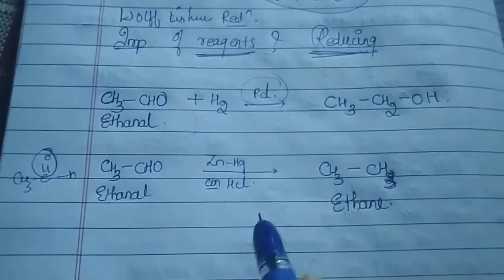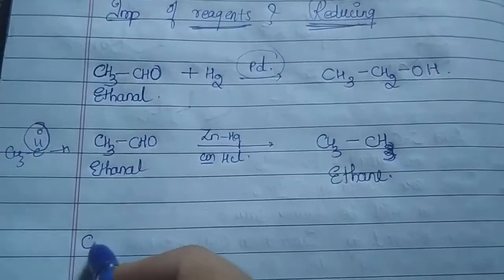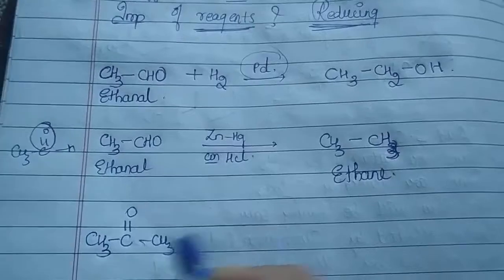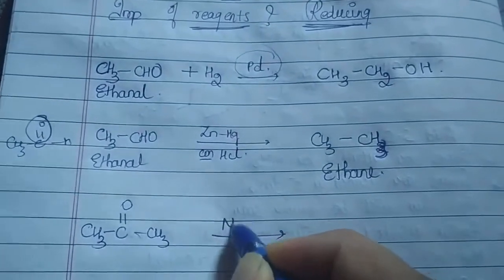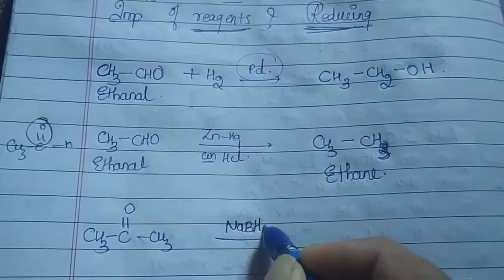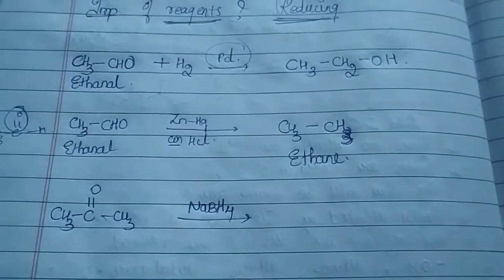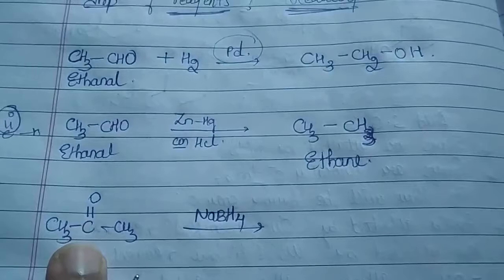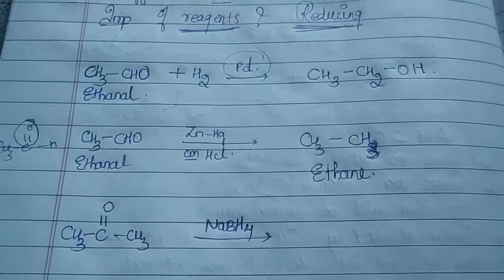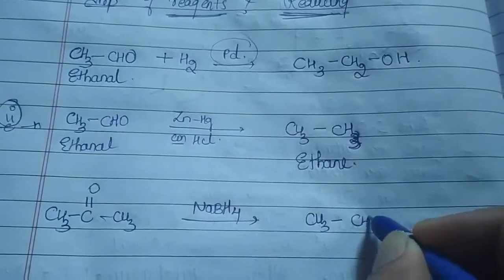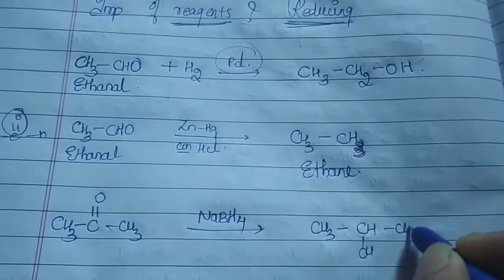Similarly, it doesn't stop here. If I take a ketone, for example CH3, C double bond O, CH3, and use it in the presence of sodium borohydride, NaBH4, of course in the alcohols lesson I said whenever you reduce ketones, you get a secondary alcohol, CH3CHOHCH3.